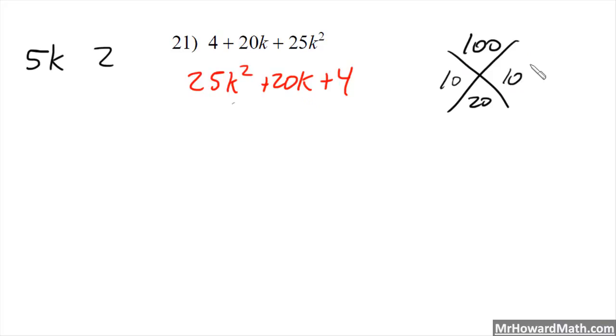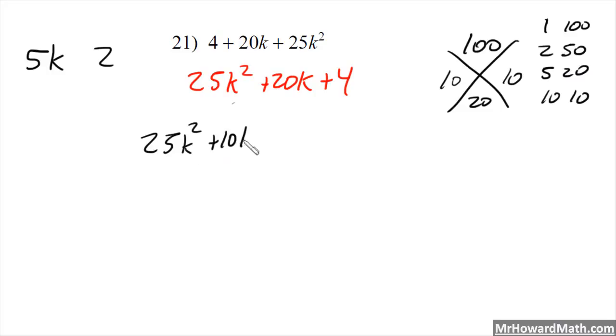You would just do all of your factors of 100. We didn't do it last time. Let's do it. 1 and 100, 2 and 50, 5 and 20, and then 10 and 10. And the only one that will combine to a 20 is the 10 and 10, and they both happen to be positive here. So we're going to split this into 2 pieces, 25k squared plus 10k plus 10k plus 4.